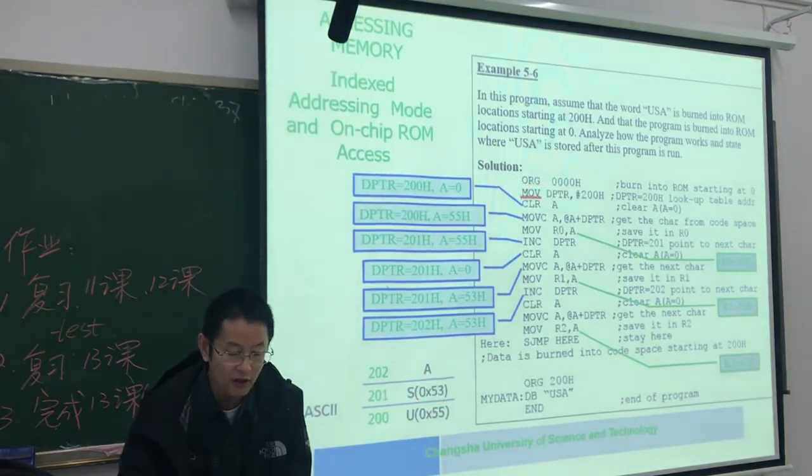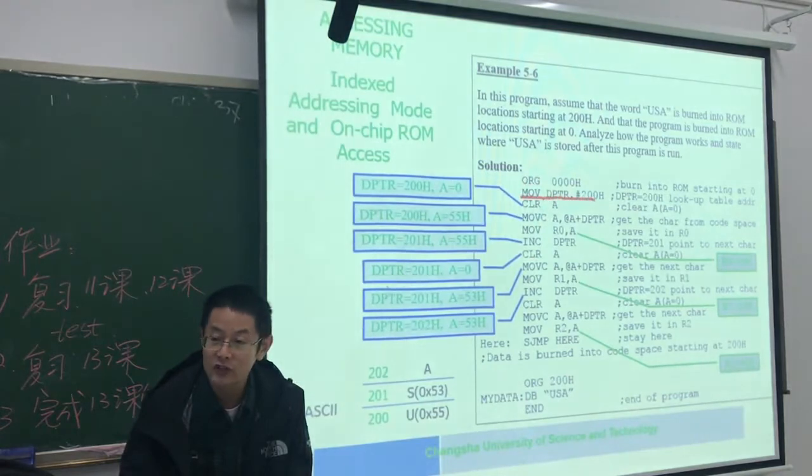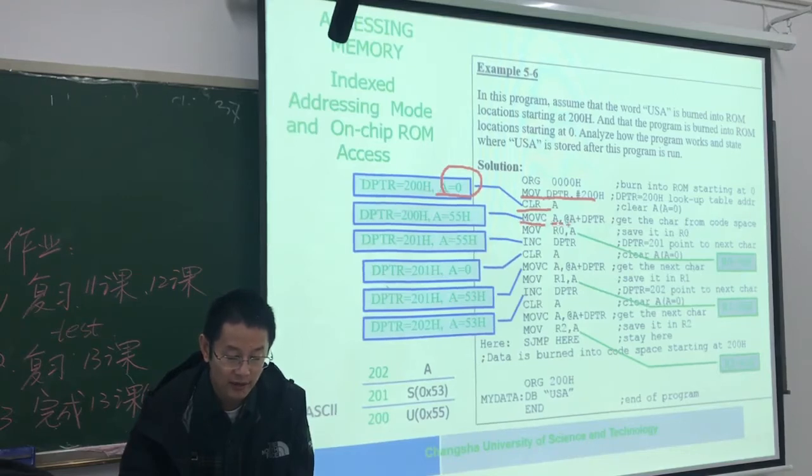The first line gets the address of the table. Clear A, which means A is equal to 0. MOVC A, @A+DPTR, with A equal to 0.